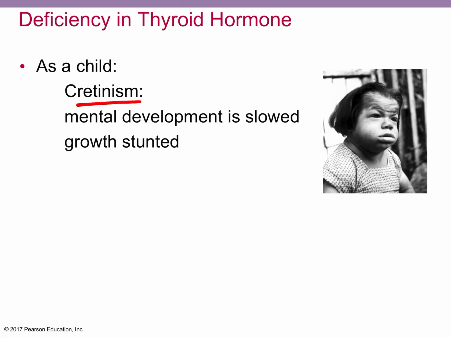The term is cretinism, and mental development is slowed, your growth is stunted, and you have other physiological and morphological effects from deficient thyroid hormone as a child. Now, of course, you can detect this problem. You can replace it; there is T3 or thyroxine replacement therapy.